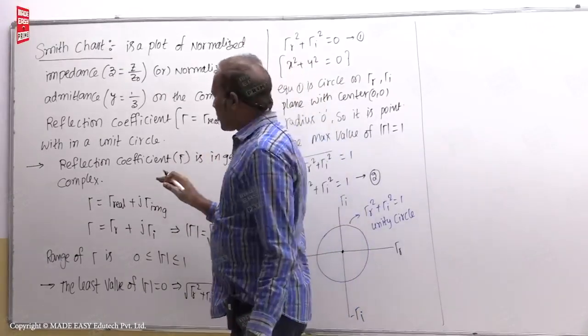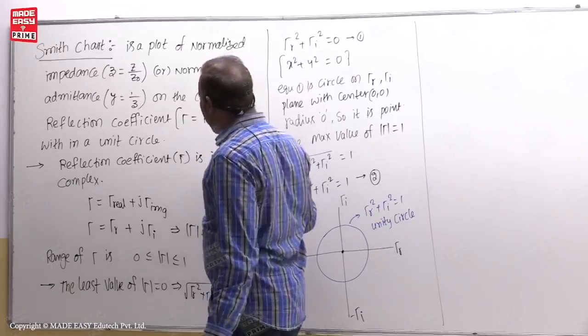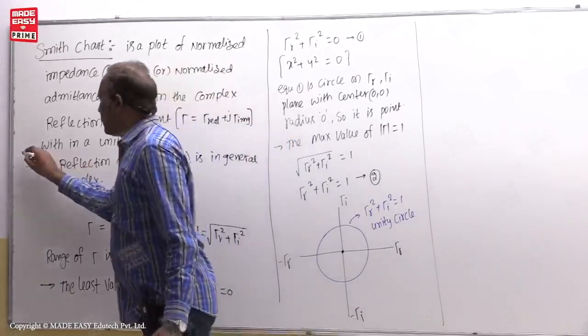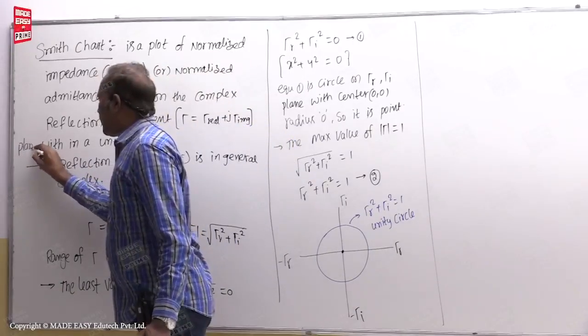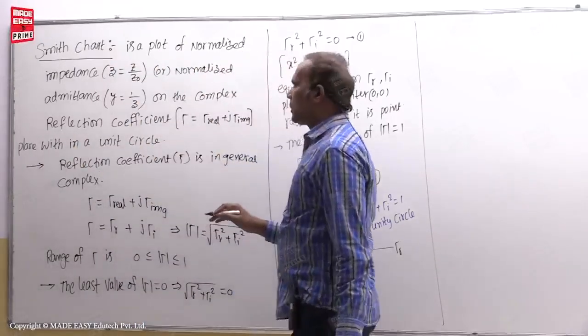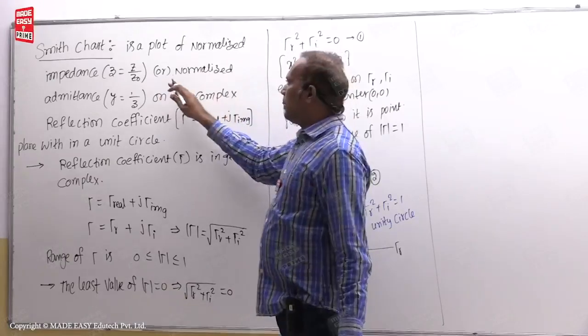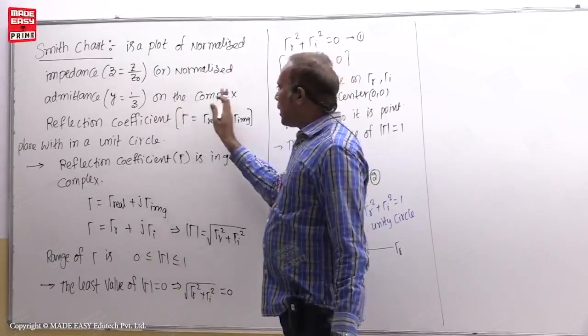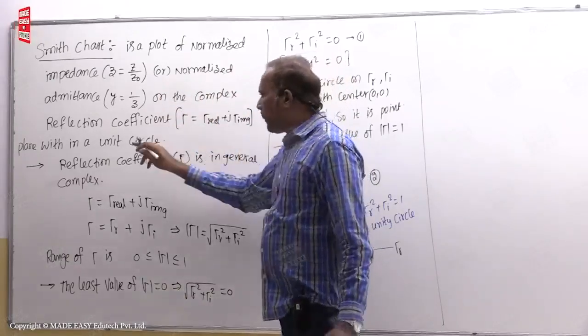On the complex reflection coefficient plane, students, here that is missing. The complex reflection coefficient plane within a unity circle, or otherwise unit circle, both are the same, is a plot of impedance on the complex reflection coefficient plane.